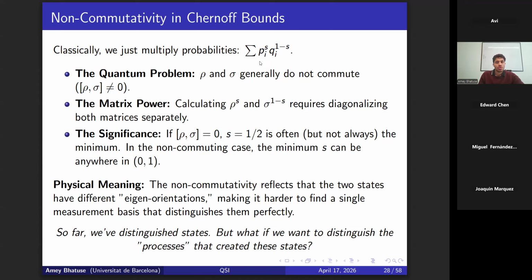But this non-commutativity of quantum operators, quantum density matrices, makes that difficult to do.